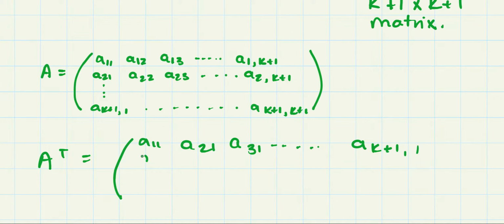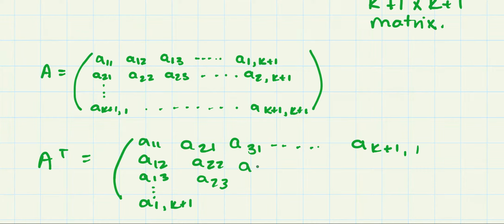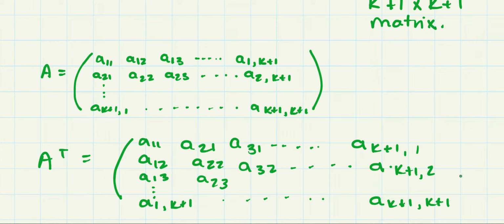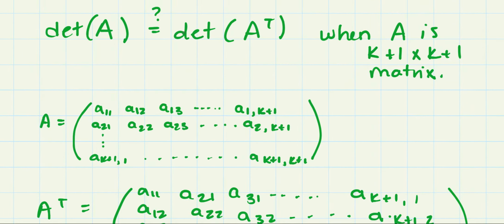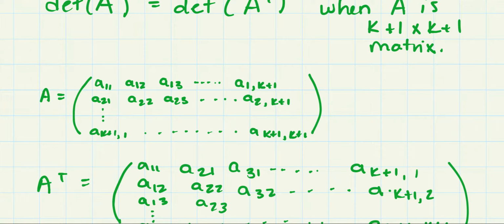And then this side is going to be A12, A13, and so on until you get to A1(k+1). Just to write out some more stuff here. And since we want to show that these determinants are equal, let's actually take the determinant of both of these.